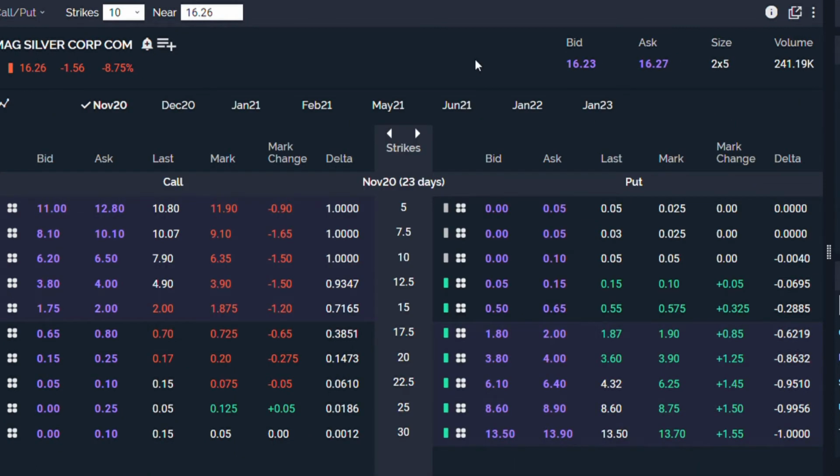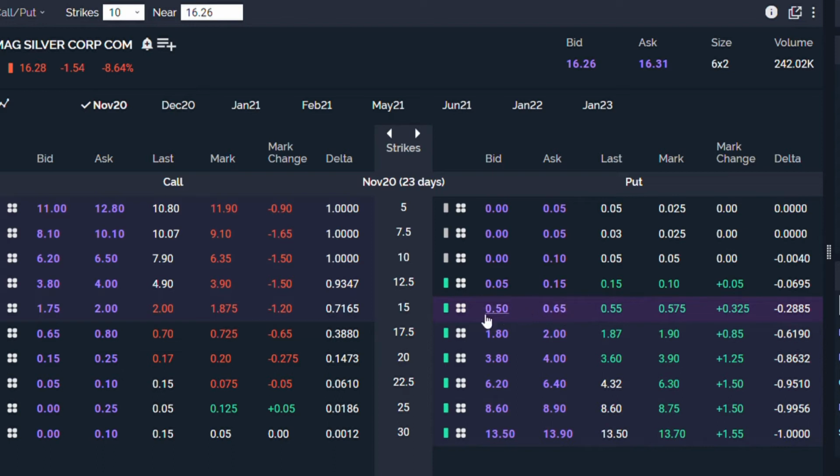If we go to something like MAG Silver, a small cap mining company that mines silver, there's not going to be a lot of option liquidity on something like this. We have a 15-cent spread between the bid and the ask.